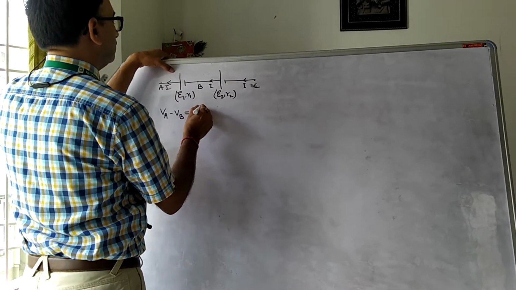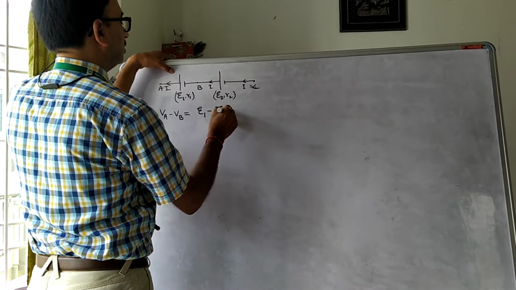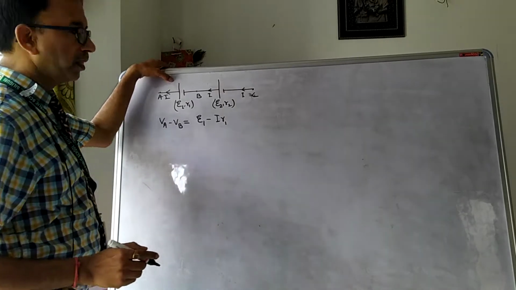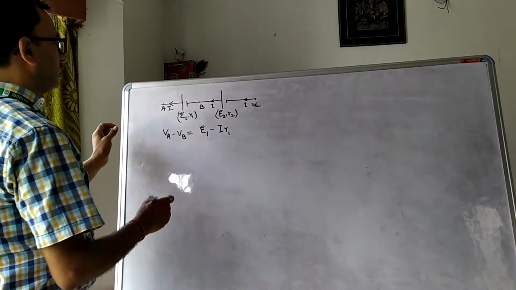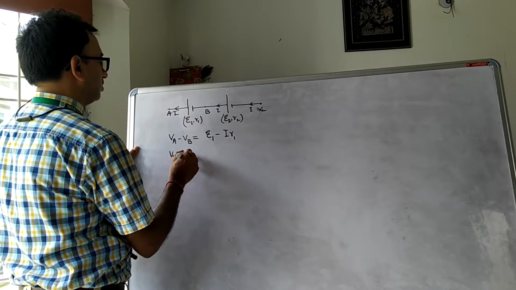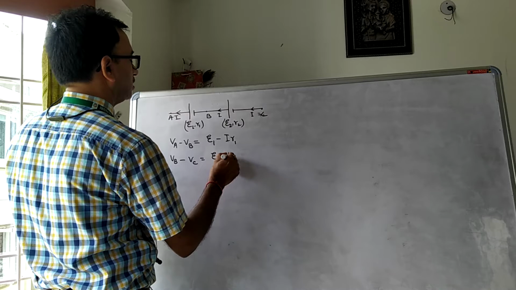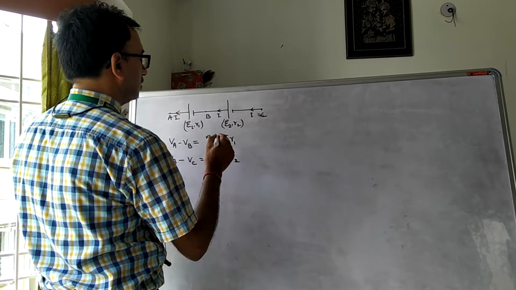It will be E1 minus I R1, right? Because V equals E minus IR. Similarly, what is the potential difference between B and C? It will be E2 minus I R2.